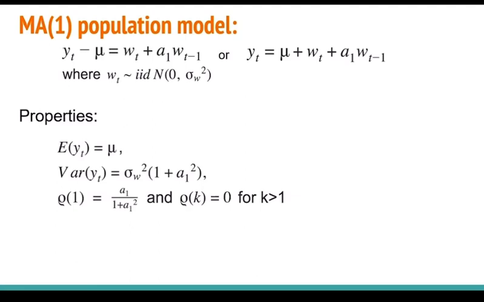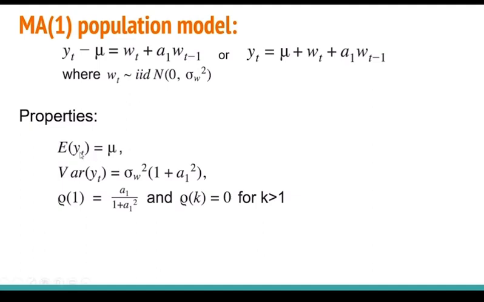Now, just like the same way that we have properties of the autoregressive model for lag one, where I showed you the way to find the mean, the variance, and the autocorrelation, we also have a way to obtain the mean, the variance, and the autocorrelation when you have the moving average model for lag one.